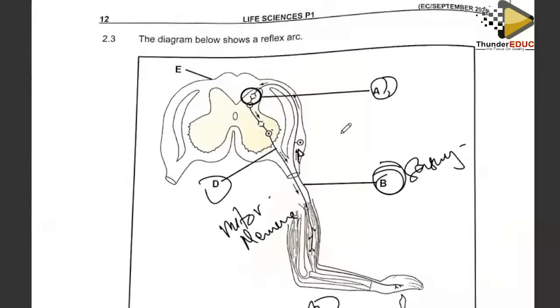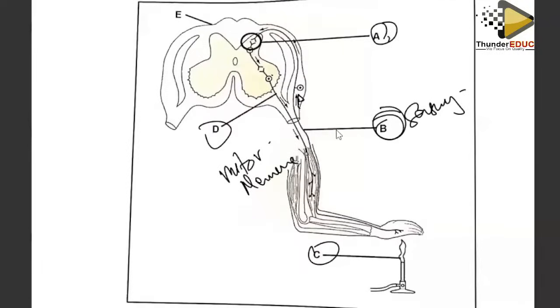First of all, we see that the sensory neuron, check the sensory neuron, the cell body is along here, the cell body is at the terminal, you see, and then you can see that the sensory neuron enters the spinal cord, yes, via the what?